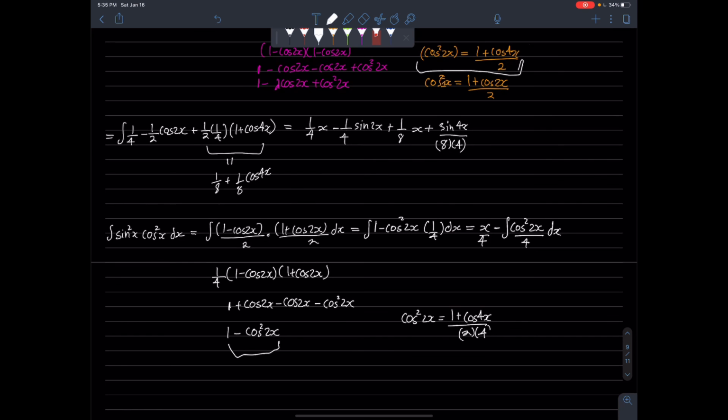It's going to be times 4 because we have it there as well. So now we're going to get x over 4 minus 1 over 8 x plus sine 4x over 8 times 4. And that's our final answer.